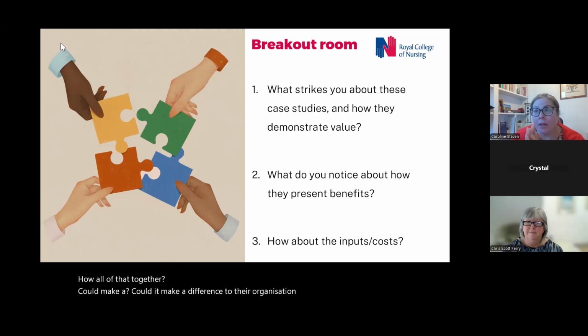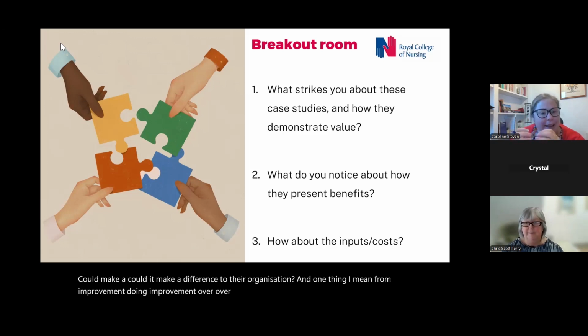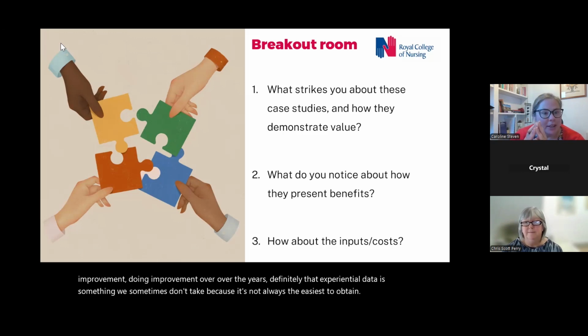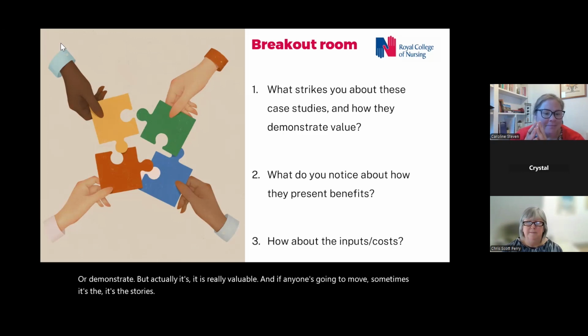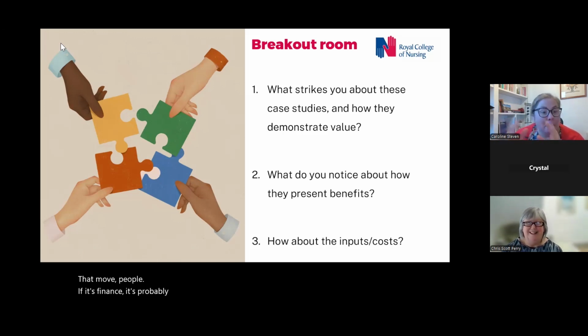And from doing improvement over the years, that experiential data is something we sometimes don't take, because it's not always the easiest to obtain or demonstrate, but actually it is really valuable. If anyone's going to move, sometimes it's the stories that move people. Finance will probably move financial people, but it's horses for courses.